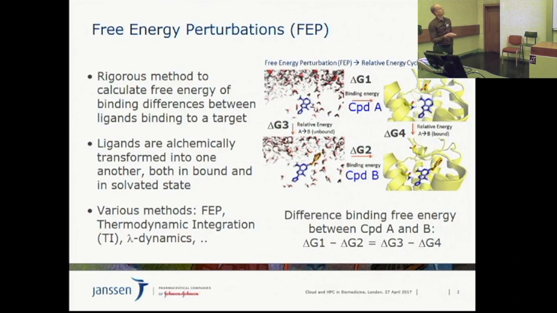And this is a somewhat more colorful picture of the same thing that Peter already showed. It's really based on statistical mechanics. It's a rigorous method in which ligands are chemically transformed into one another, both inside the protein and in solution.